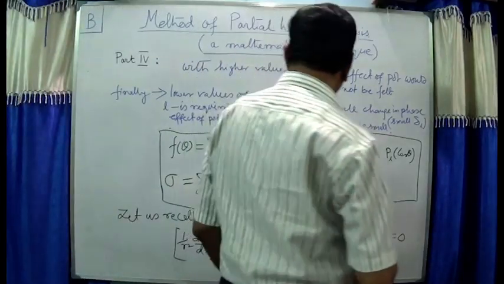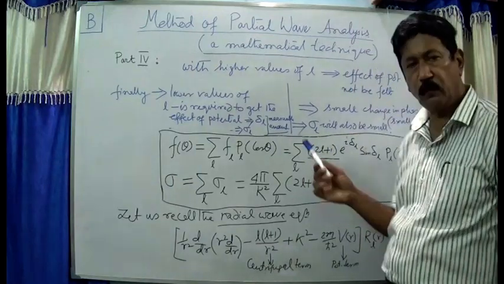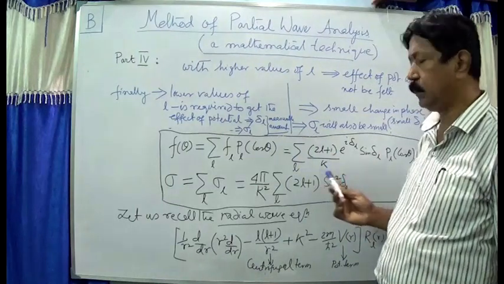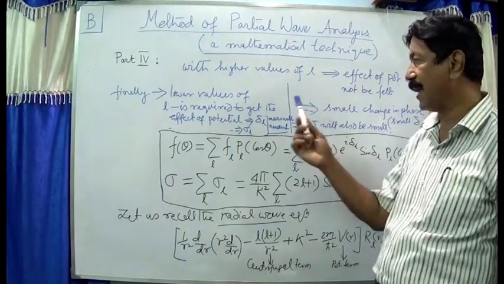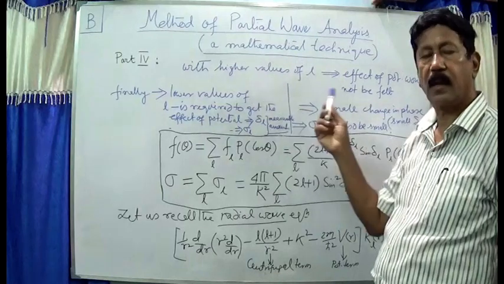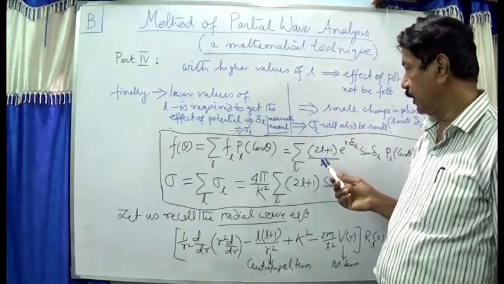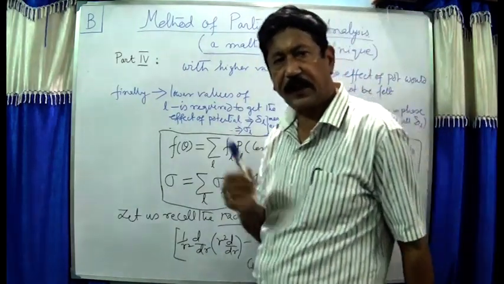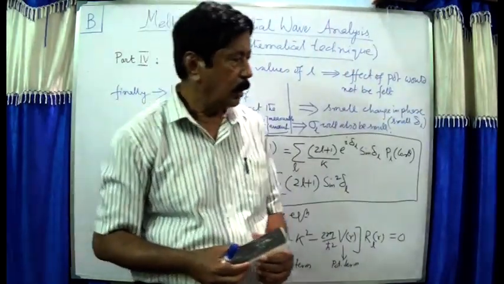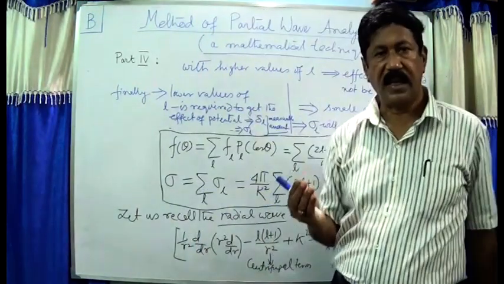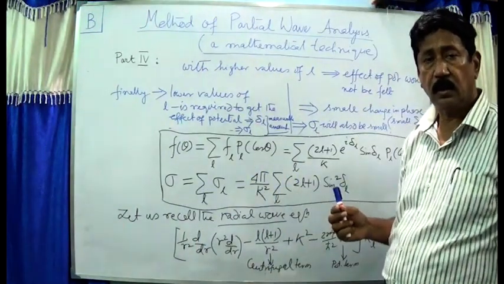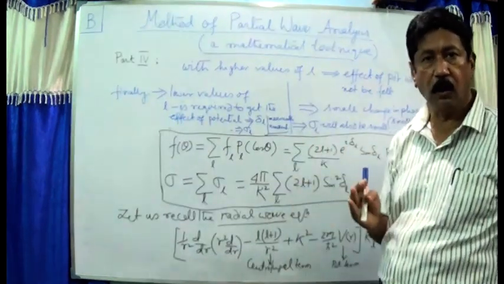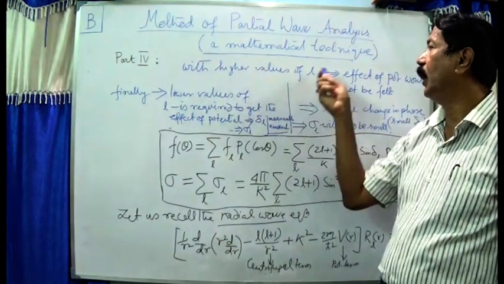So now it is almost clear to us that if the series continues to higher values of L, then we cannot have the scattering effect and we cannot estimate the scattering parameters to a measurable amount. It may be negligibly small if L becomes higher.